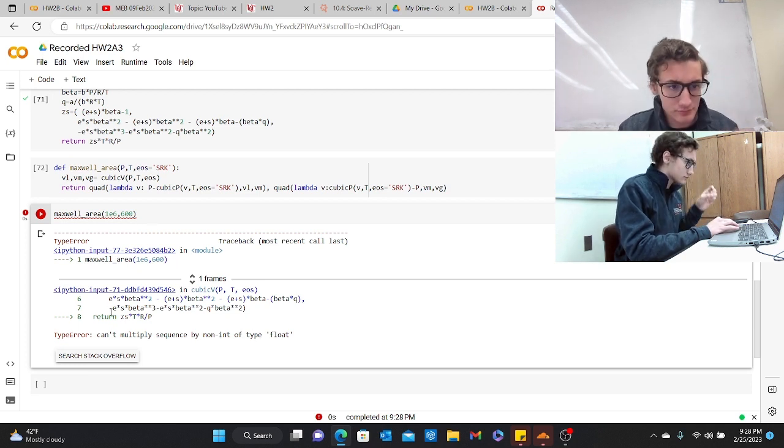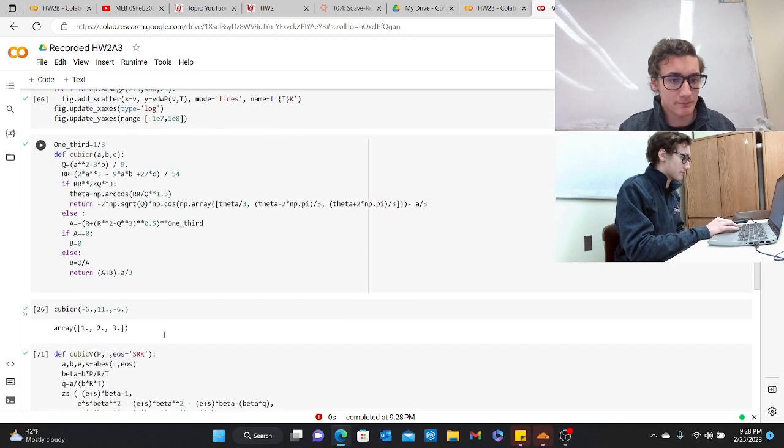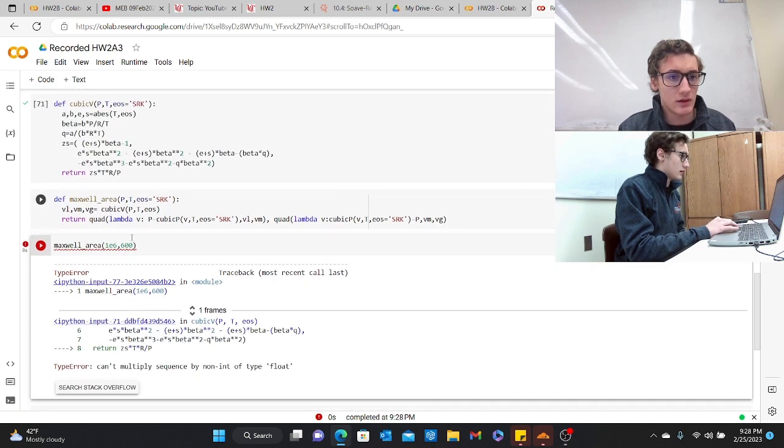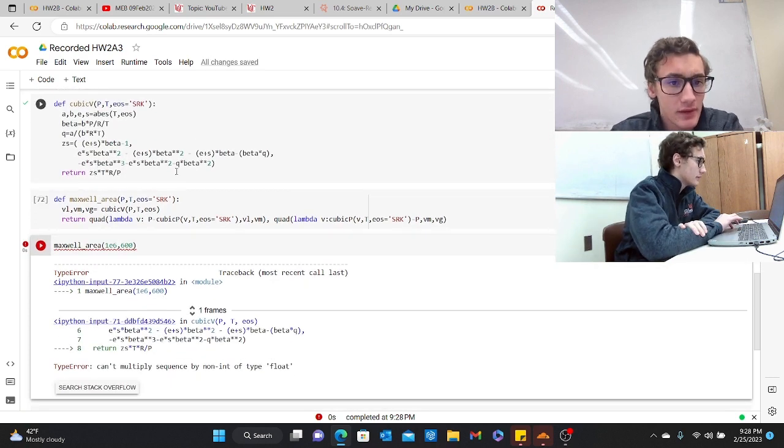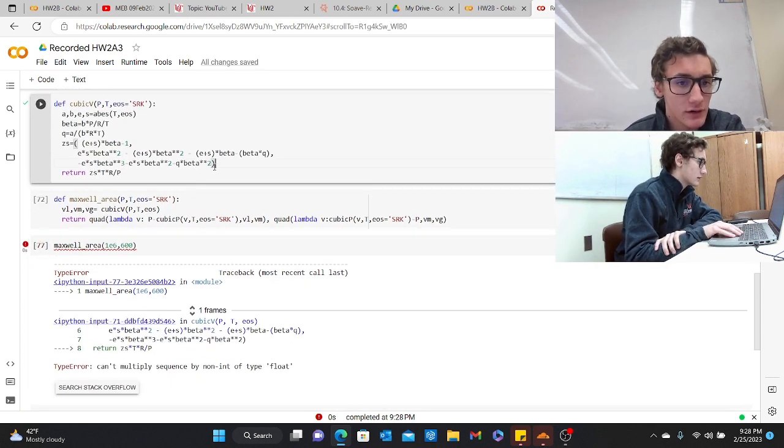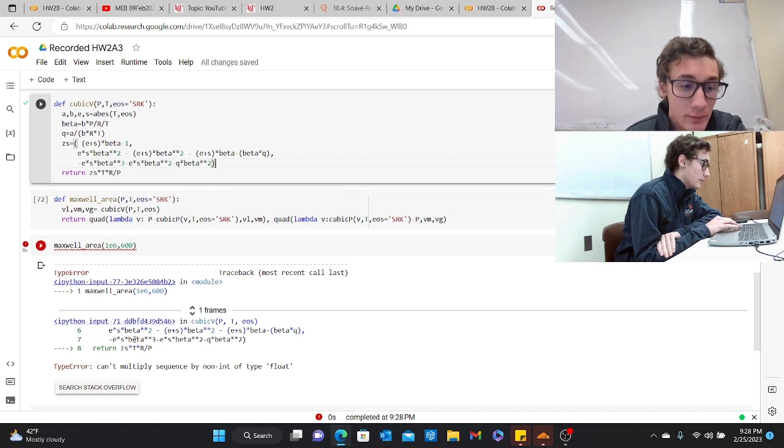So, let's see, what does that mean? It means we're getting some type of error here. It says, we got pretty far, so that's a good thing. So we can't multiply sequence by non-iterable type, which is a float.